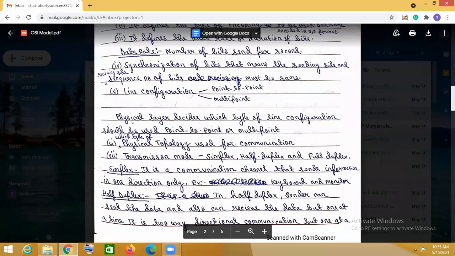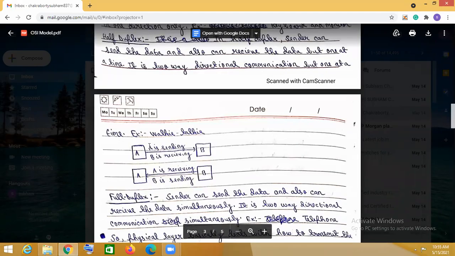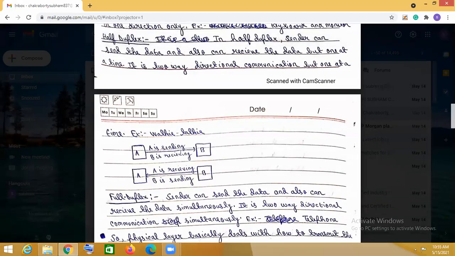So what we are talking about is that in half duplex, the sender can send the data and also receive the data, but not at the same time. It is two-way directional communication, but not at the same time. The example of this is the walkie-talkie. When there are two devices, when A is sending, B will only receive.